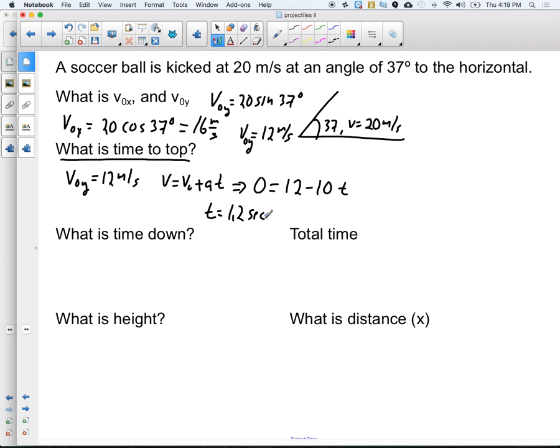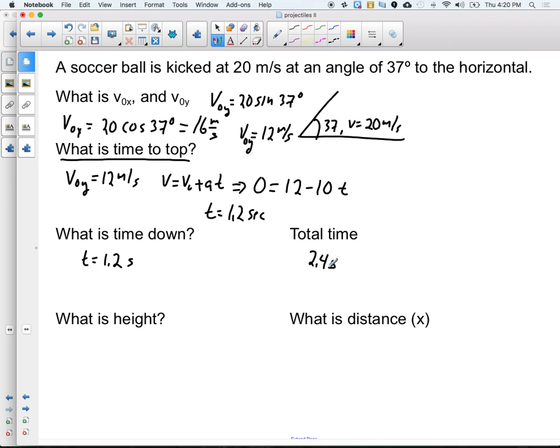So the time up is 1.2, and the time down is also going to be 1.2, for a total time of 2.4 seconds.